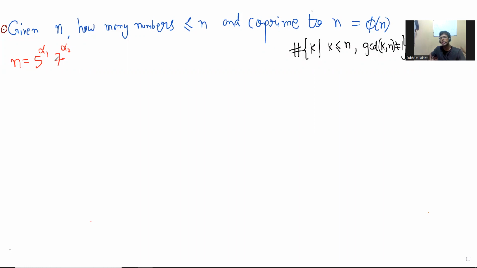So how do we calculate phi of n here, or how do we calculate the number of numbers which are not co-prime? For this given n, how do we calculate this quantity?